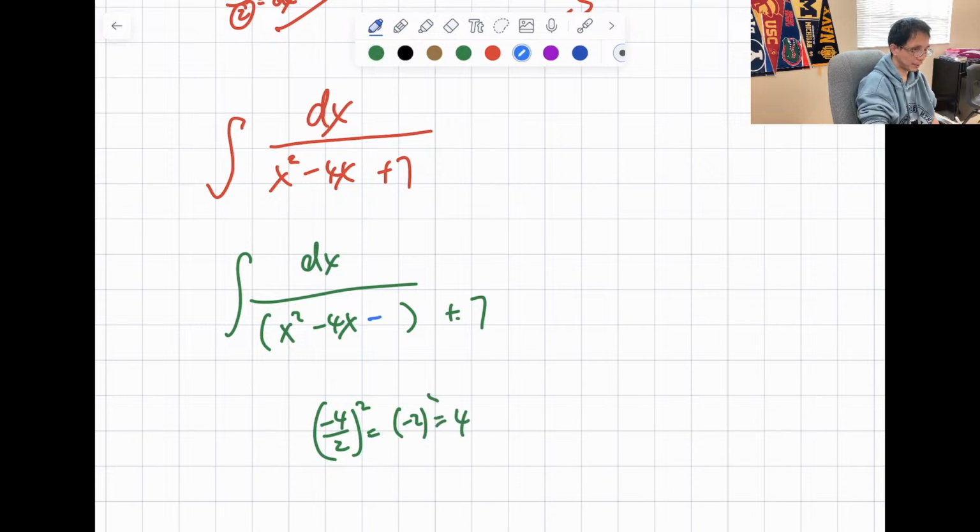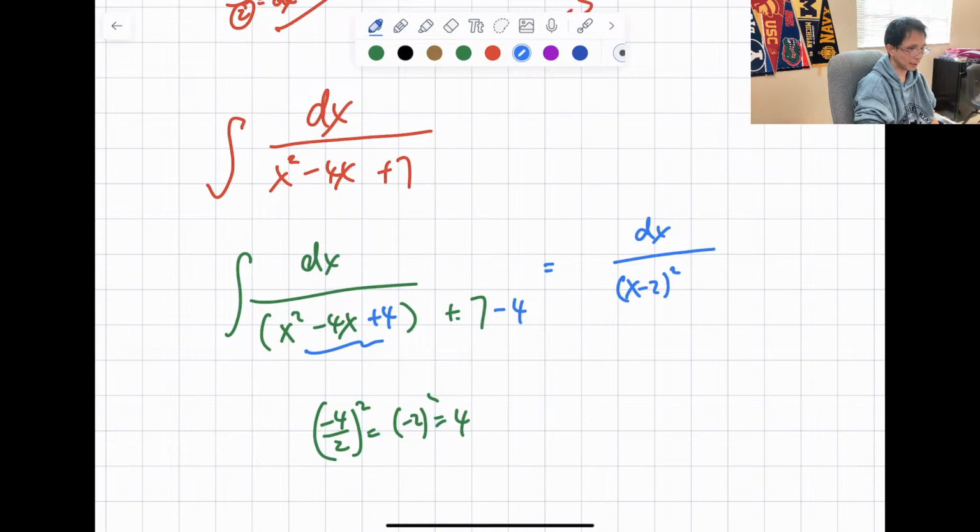So I plus 4 here, and minus 4 outside, because if I plus 4 minus 4, it goes back to where it was. There's no equal sign, there's just an expression. So I can factor this. That's going to be x minus 2 squared plus 3, the integration.